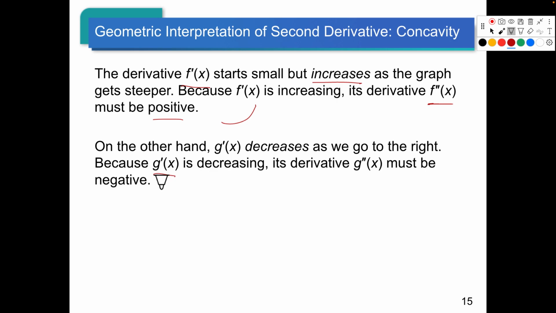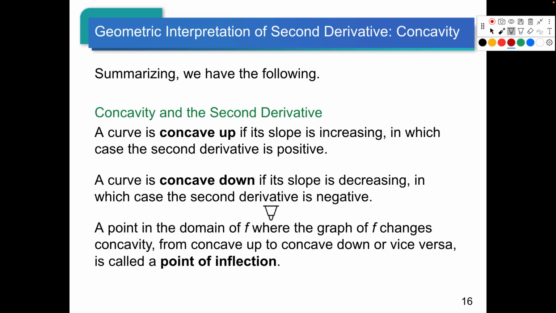For g of x, we know that the function's increasing, but the slopes are getting smaller. They're not negative, they're still positive, but they're getting smaller, and so that's telling us that the second derivative would be negative, and that's a concave down situation. So both are increasing, but the rate of that increase is different, and that's what the second derivative gives us.